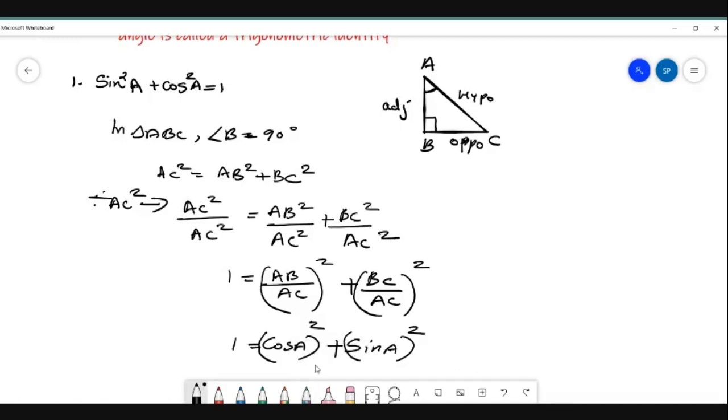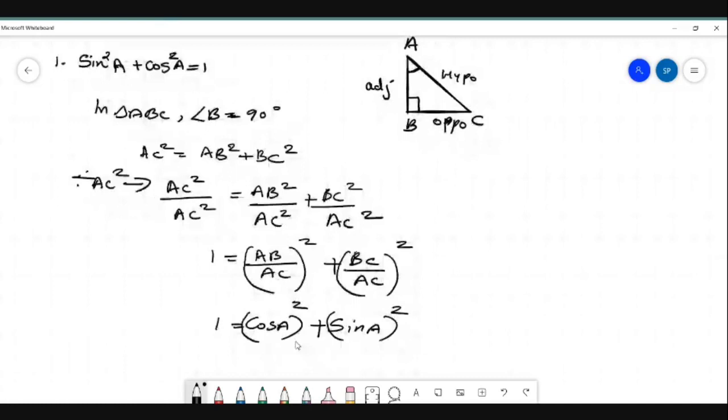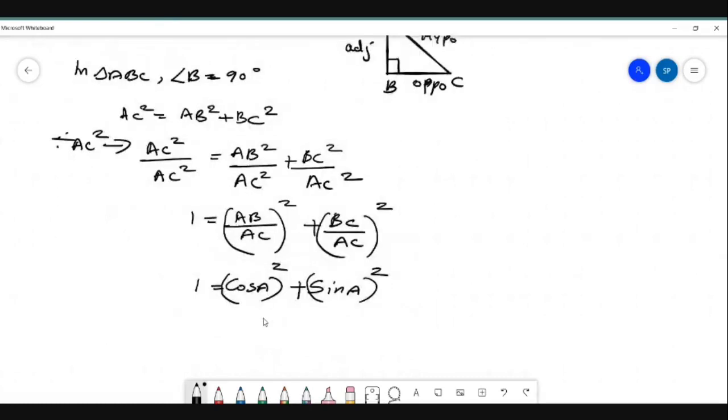Now we get the identity. Cos A whole square is called cos square A. So we can write 1 equal to cos square A plus sine square A, or we can rewrite it as sine square A plus cos square A equal to 1.